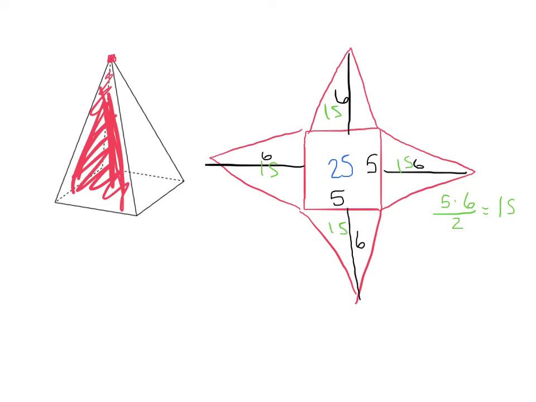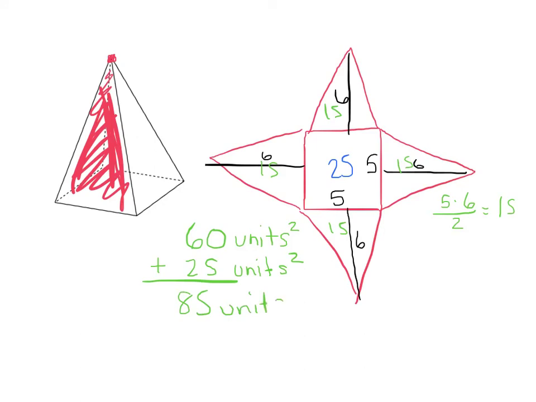So I would need to do what I did with the prism, and add up all the sides. I'd have 4 times 15, which would give me 60 square units for the triangular side faces. And then the bottom has 25 square units for an area. If I were to add those up, I would need 85 units squared to cover this particular shape.